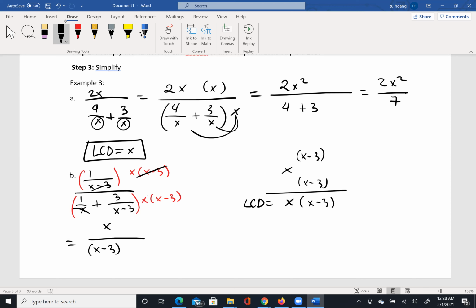Then the next one is just 3 times x, plus 3x. Okay. And now you can just simplify. You have x on top, and the bottom is x plus 3x, right? Combine like terms, you have 4x minus 3. That should be the answer.